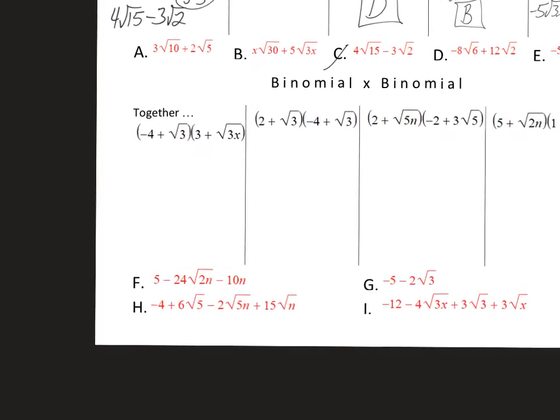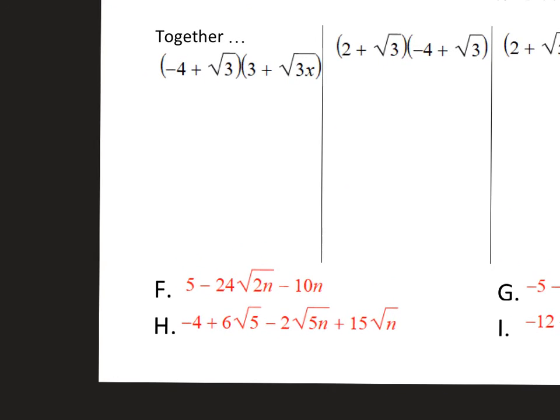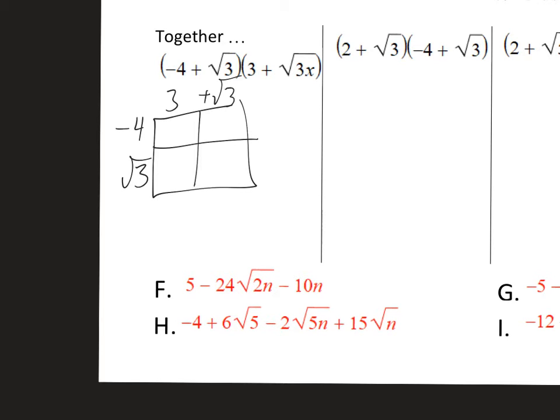Okay, the next part is doing the same exact thing. You can either do the box method, so something that looks like this, negative 4 radical 3, 3 plus radical 3x. So negative 4 times 3, that's negative 12. That's negative 4 radical 3x. That is 3 radical 3.